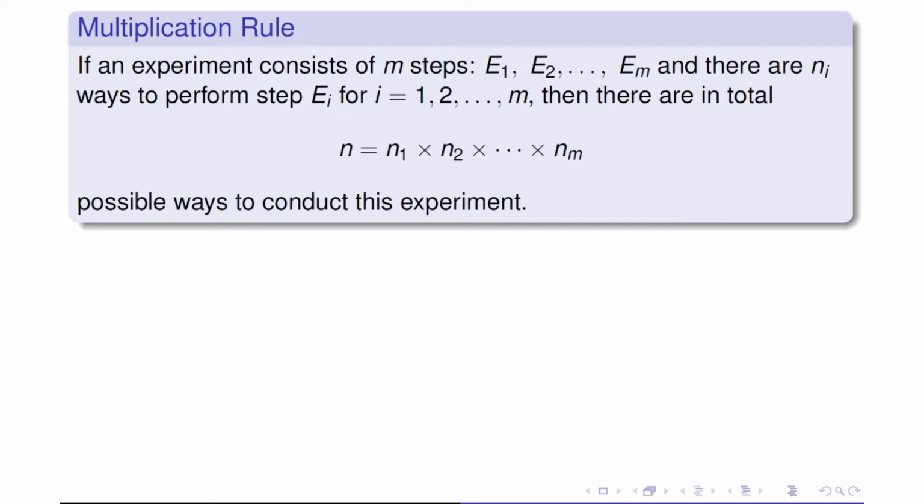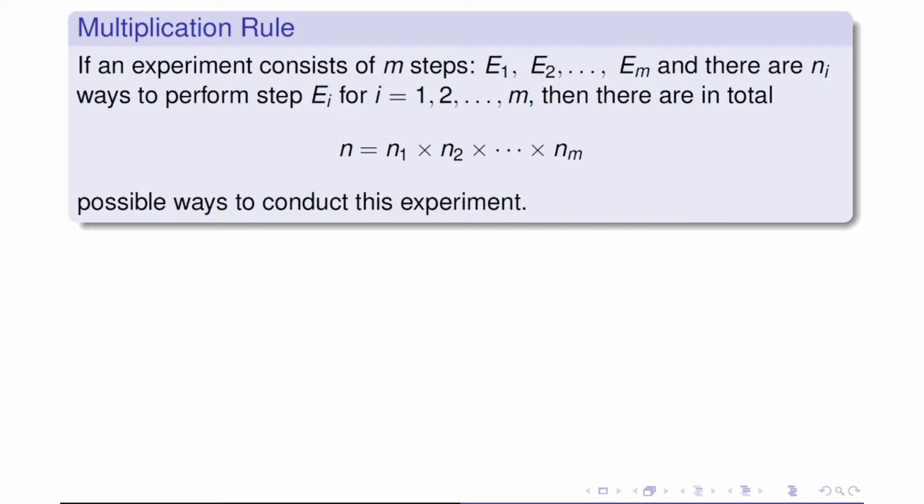If an experiment consists of m steps, say E1, E2 till Em, and there are ni ways to perform step Ei for i equals 1, 2, 3, 4 till m, then there are in total n equals n1 times n2 times until nm possible ways to conduct this experiment.